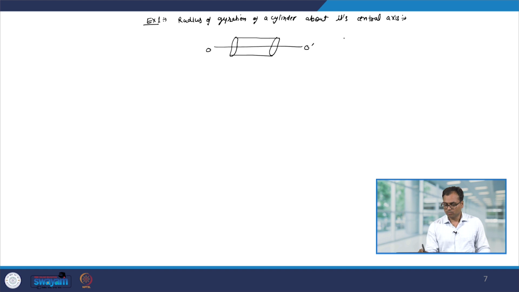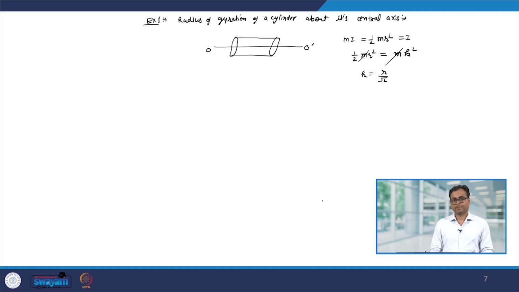Then we know the moment of inertia about OO prime is half m r square. So, this is your I, this you put equal to m k square. Okay. So, let me put your I, which is half m r square, equal to m k square. Then k is the radius of gyration. Let us find out what is k. So, k is r over square root 2.